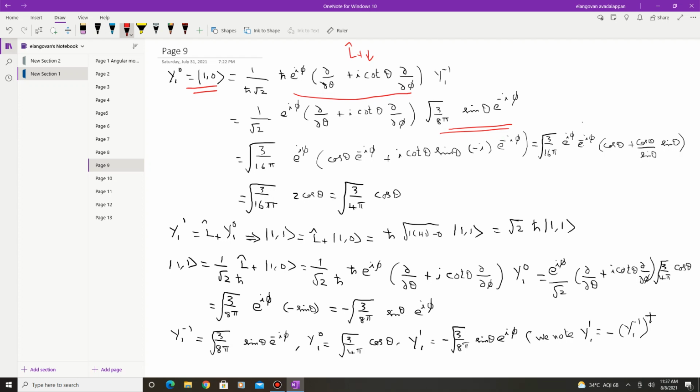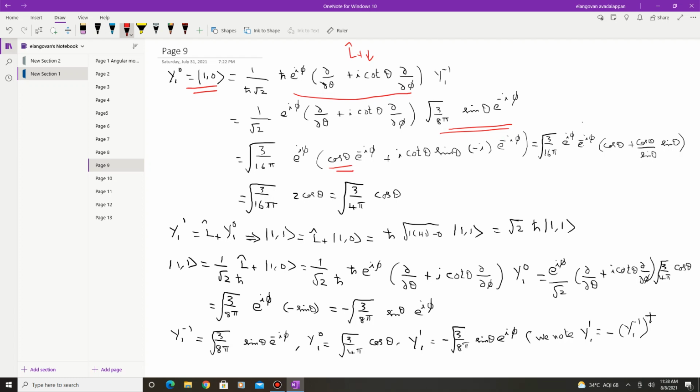So this is a constant, and e power i phi is on the left side. Now d by d theta is operating on the theta part of this function. So d by d theta acting on sin theta, e power minus i phi is independent of theta, that can be taken outside. So d by d theta acting on sin theta, we get cos theta.